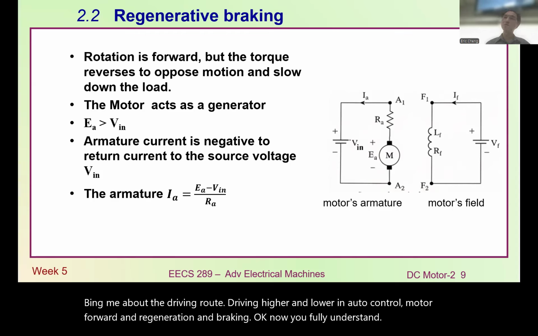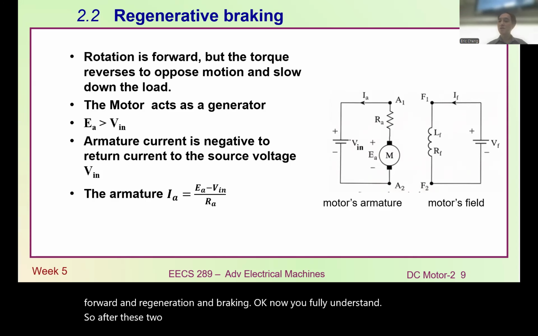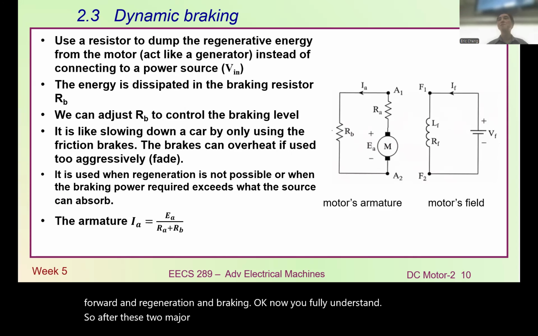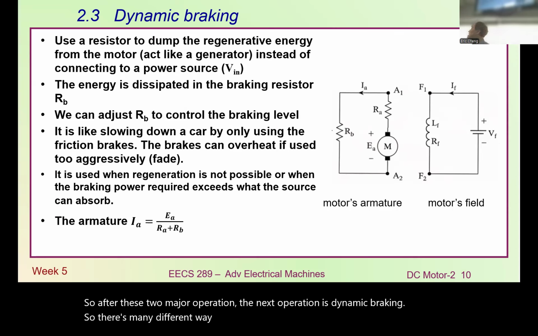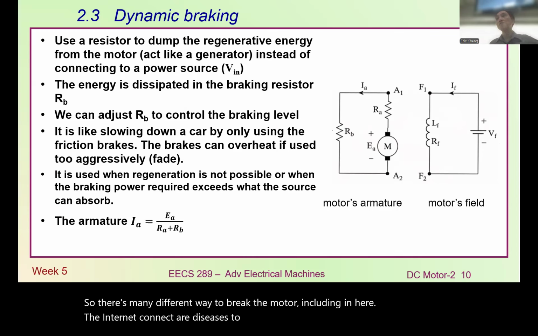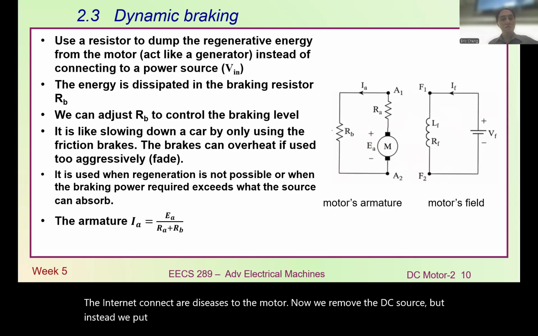So after these two major operations, the next operation is dynamic braking. There are many different ways to brake the motor, including in here. Instead of connecting a DC source to the motor, now we remove the DC source, and instead we put a braking resistor like this.